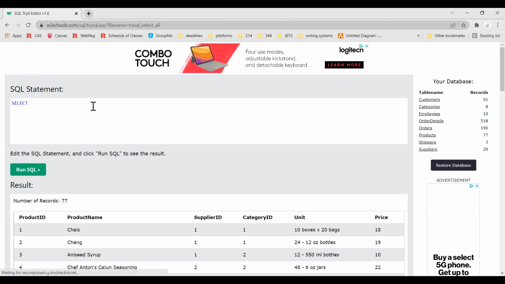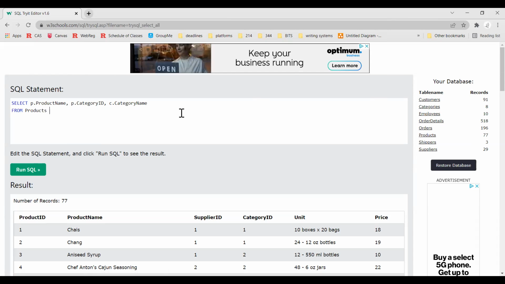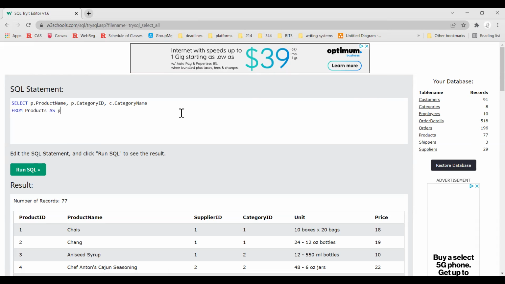So let's do SELECT p.product name, p.category ID, c.category name. Here I'm doing P for products, C for categories. But the editor isn't going to know that unless I do this, products AS, and we're using a join.